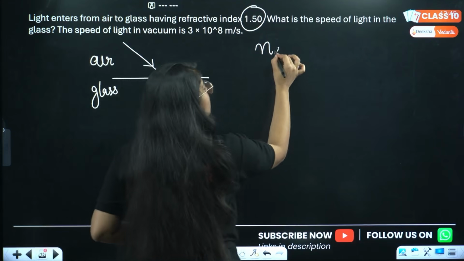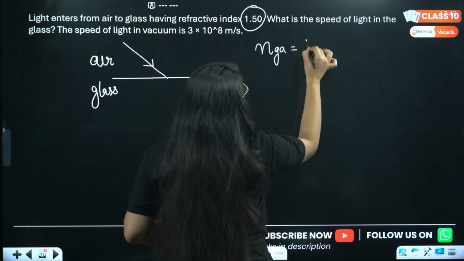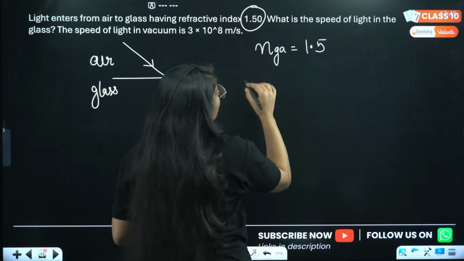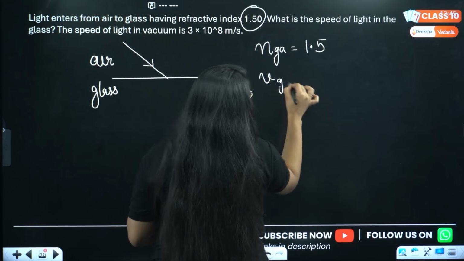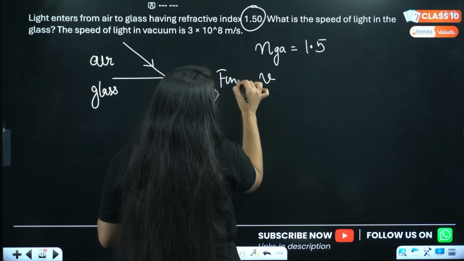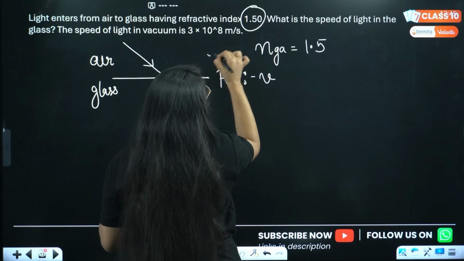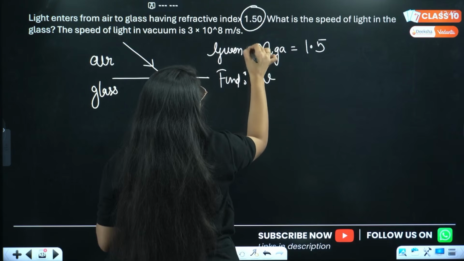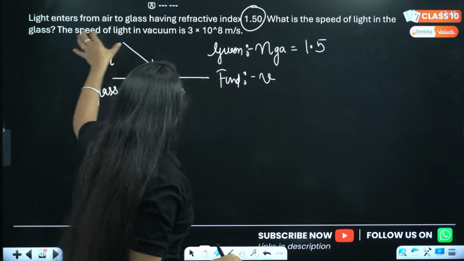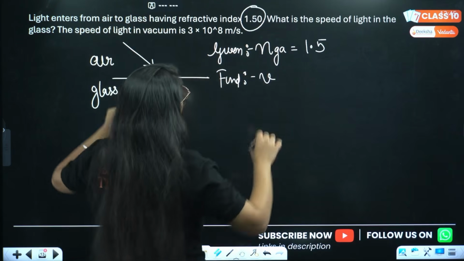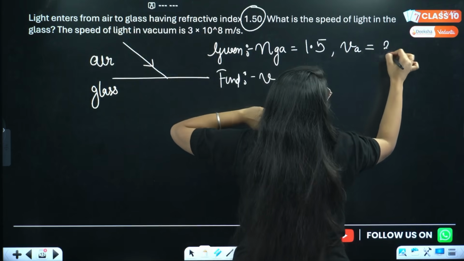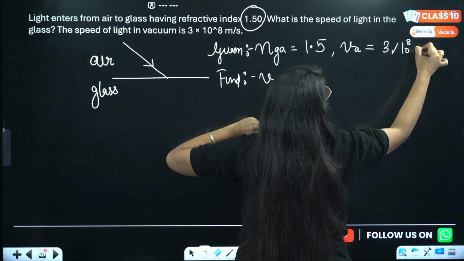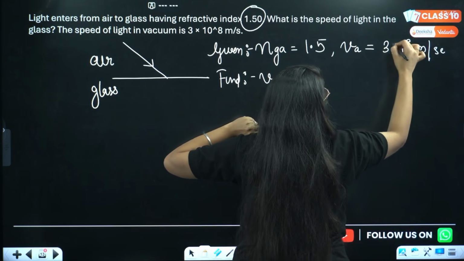So refractive index of glass with respect to air is 1.5. What is the speed of light in the glass? We have to find the speed of light in glass. This is to find, this is given. Now the speed of light in vacuum is also given: 3 into 10 raised to power 8 meters per second.